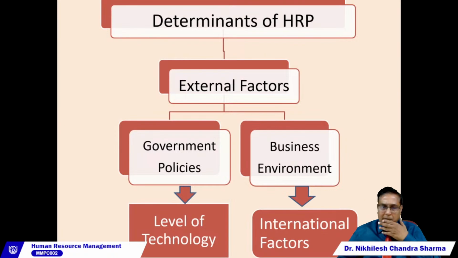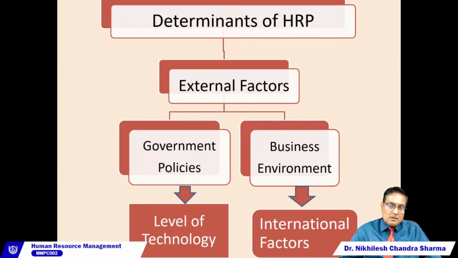These external factors may be, number one, as clearly indicated here, government policies. Government has the full right to provide instructions, rules, regulations, etc. for the betterment of the organization, the industry, and the human resources.